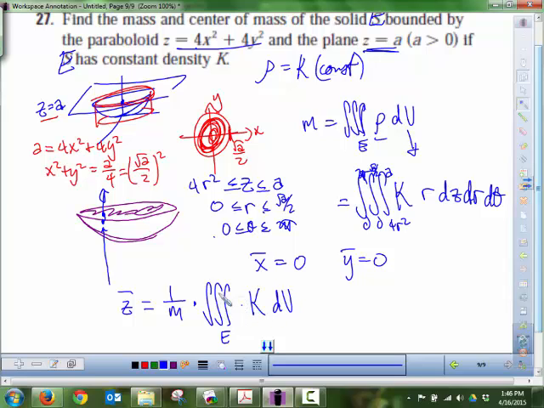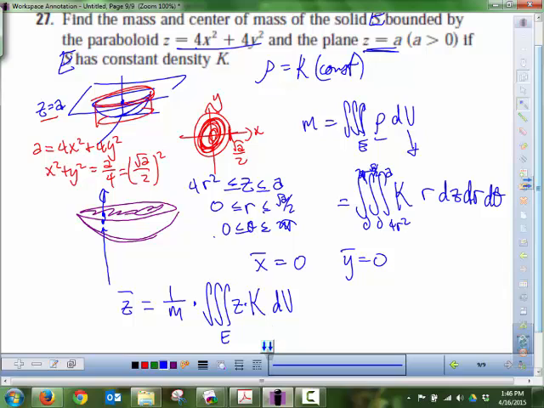And then it's the density times the variable, right? The variable here is z, so we'll just tack on a z and then multiply it by the density function. So use the same limits for your limits of integration, and then just go through and do this.